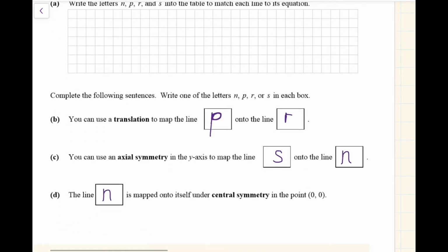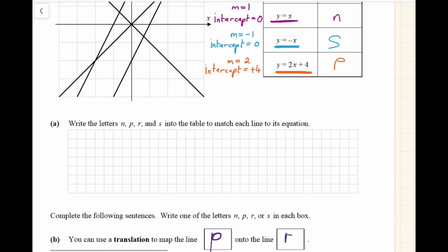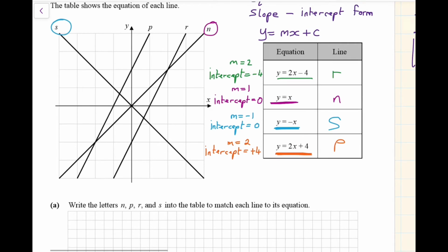Right. The line N is mapped onto itself under central symmetry in the point 0. So let's look at N. Okay, so we're only looking at N now. If I take any point in N, let's say I take this point here and I move it, as you can see, 2 diagonals across to our origin, and therefore 2 boxes out the other side, I still stay on N. Would that be true for every point in N?